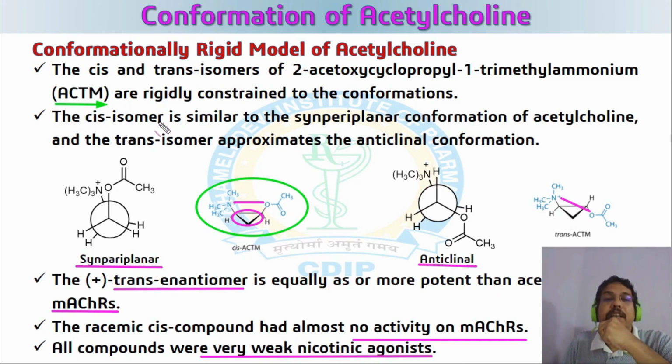So these things help in designing selective muscarinic receptor agents if we restrict the rotation by incorporating a cyclic system into the molecules.